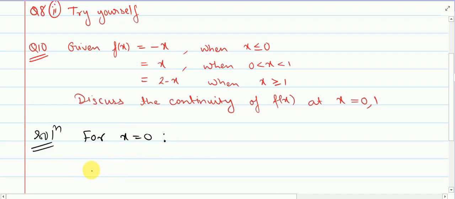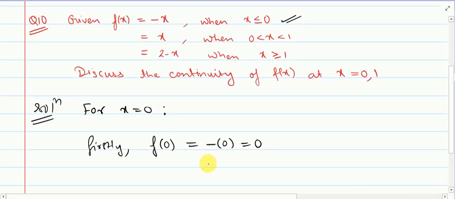Now see, firstly we will find the functional value for x equal to 0. Okay, so firstly f of 0 will fall in which one? It will fall in this one. Okay, because here it is saying x less than equal to 0, your value will be minus x, that means it will be minus 0, that means 0. Okay, so functional value is this.